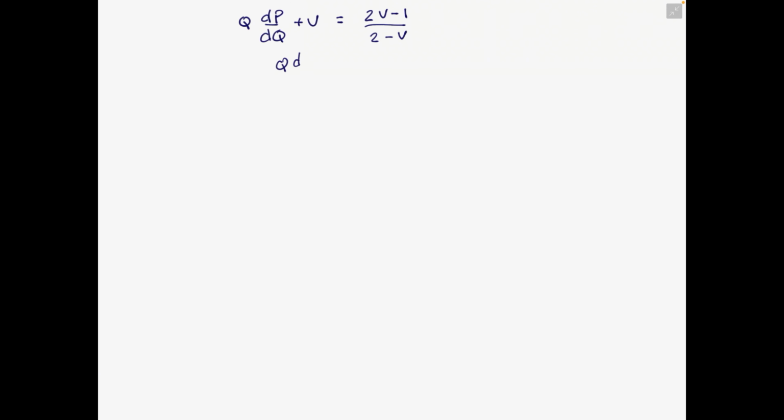So we got q dp dq equals 2v minus 1 on 2 minus v, minus v times 2 minus v on 2 minus v.